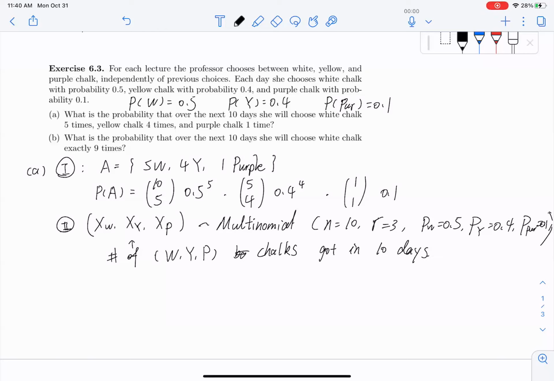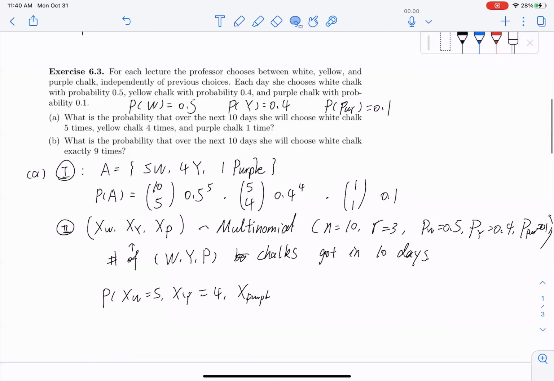Okay, and they jointly follow the multinomial distribution. Then what you need to do is just to have this probability, right?